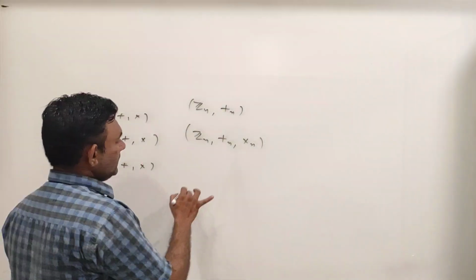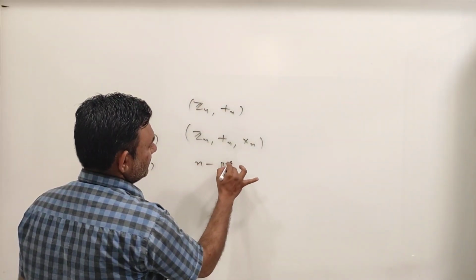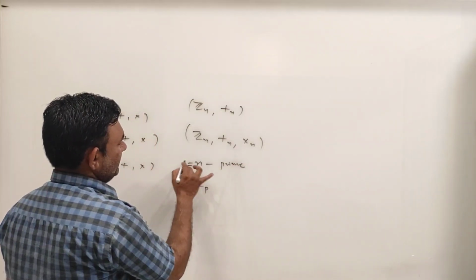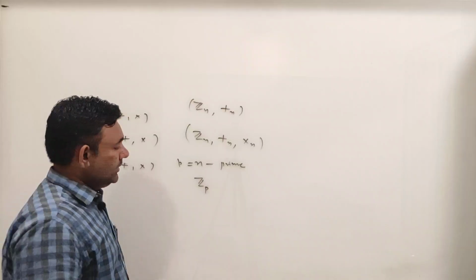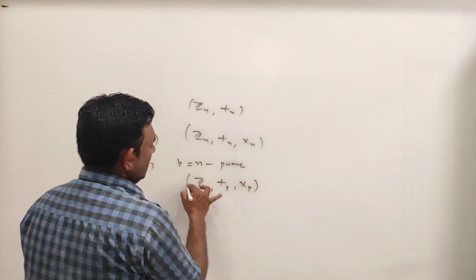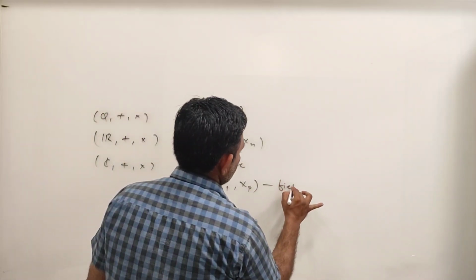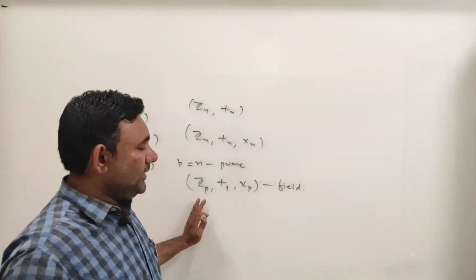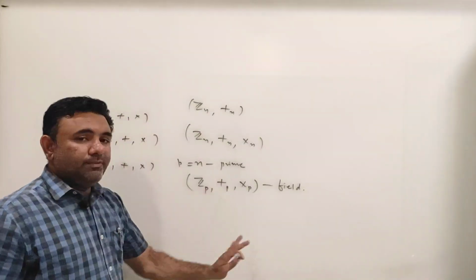And if n is prime, let me say p equal to n and it is prime, then Zp with addition modulo p and multiplication modulo p will be a field. I am not going into much detail, but this will be a field, right?